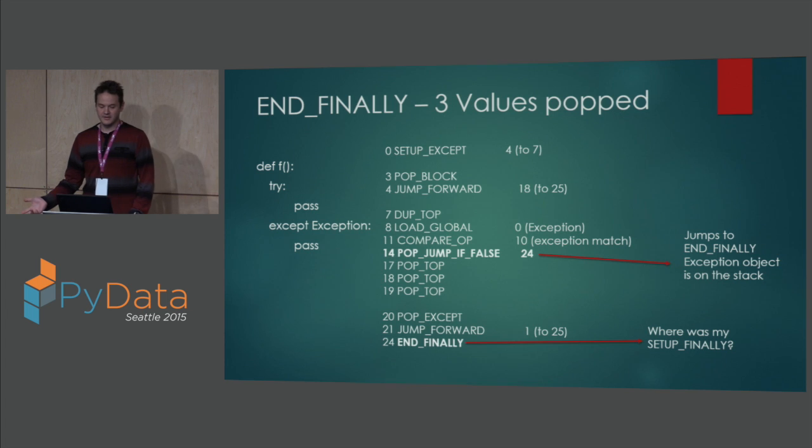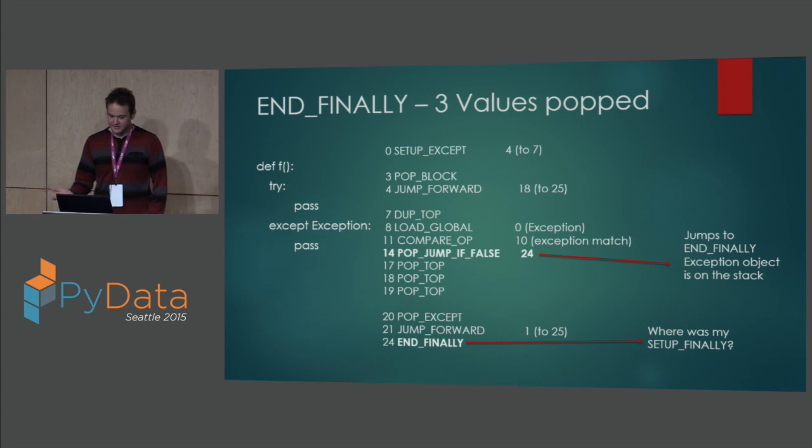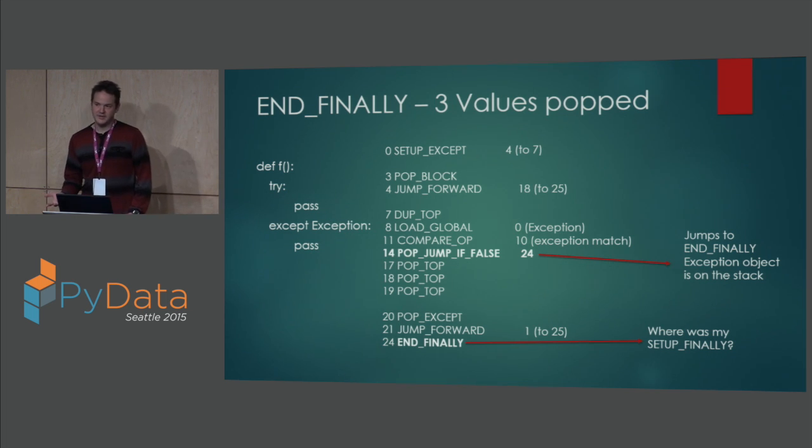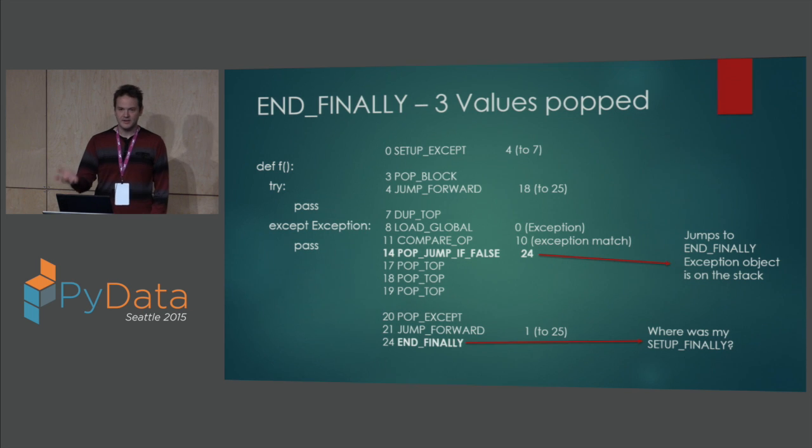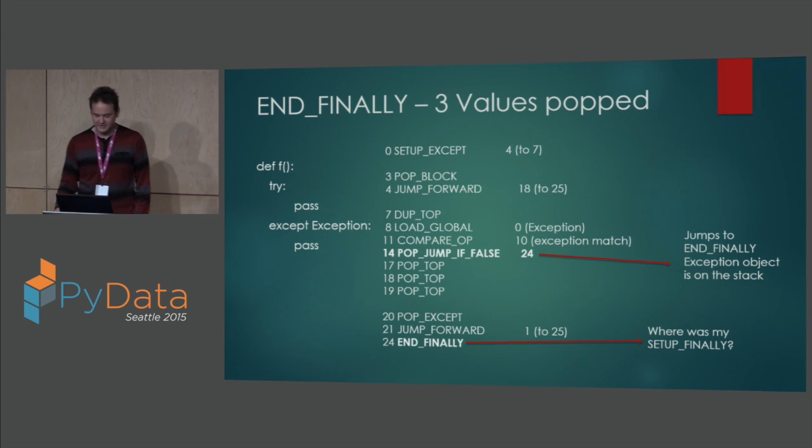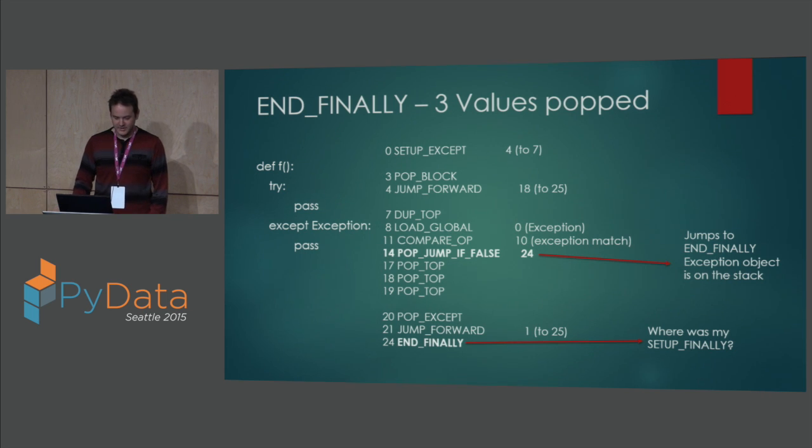And then, yet another case is if we have finally in an exception block. What's really weird here is we have a finally opcode, but there's no setup finally. It just doesn't exist. We're ending a finally that was never there, and it just seems like someone had this complicated finally opcode that could easily be overloaded.